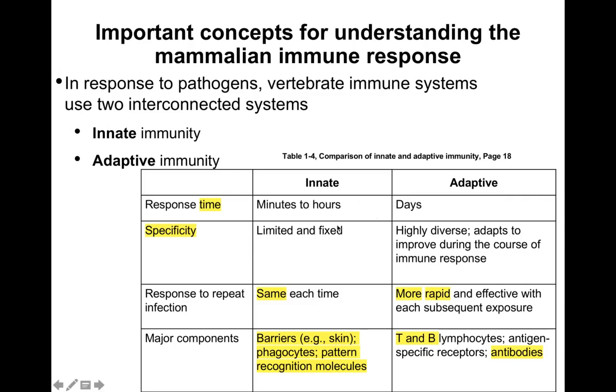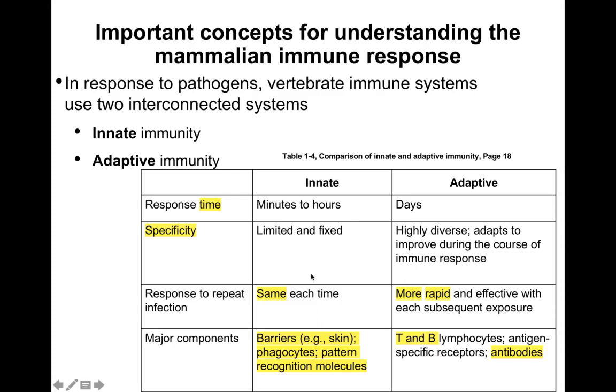The innate immune response recognizes conserved patterns on pathogens, so it's a fixed number of things that they can recognize. And the adaptive is highly diverse because of those gene rearrangements that occur in the B cell and T cell receptors. And it can even improve during an immune response. The B cell receptor, for example, can improve how well it binds during the response.